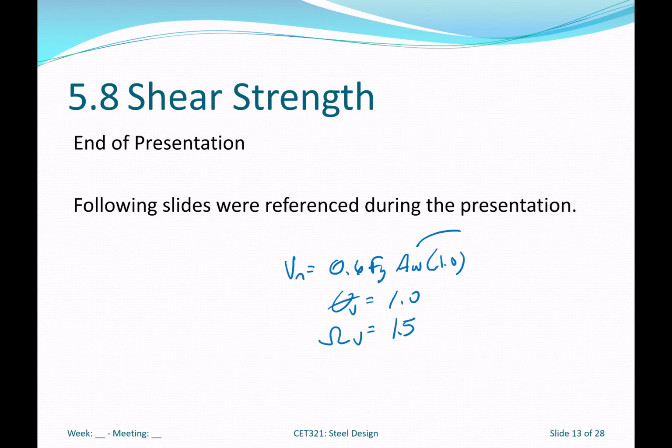Okay, and again, area of the web is d times tw. I know it's a lot to get to just this little equation, but there's a lot of background that is important for you to understand. All right, so again, let me know if you have any questions.